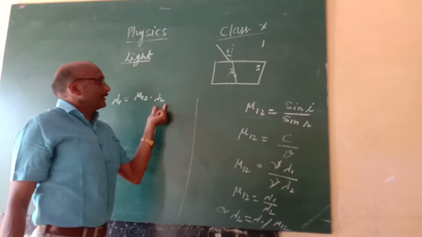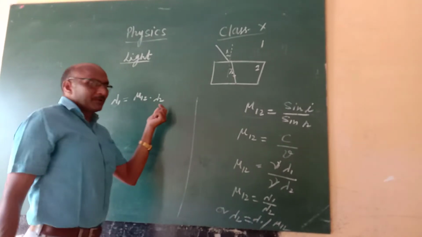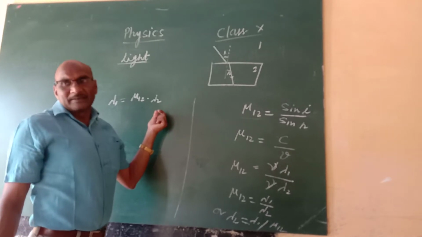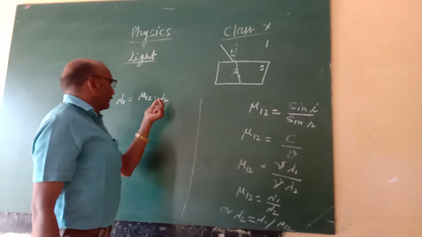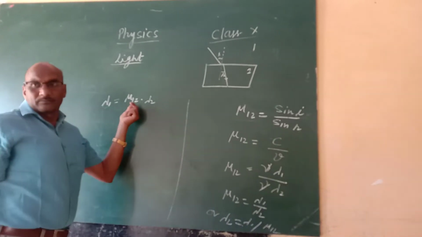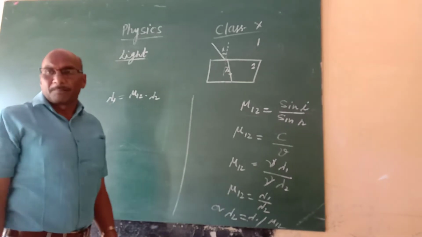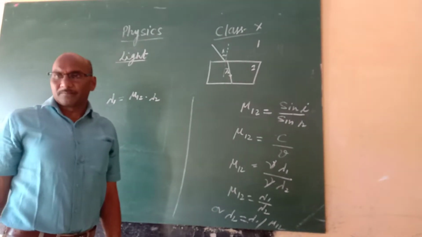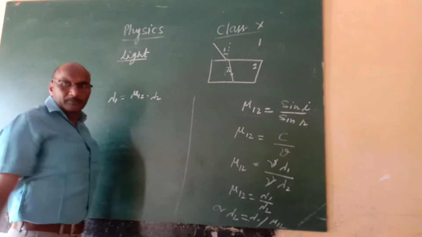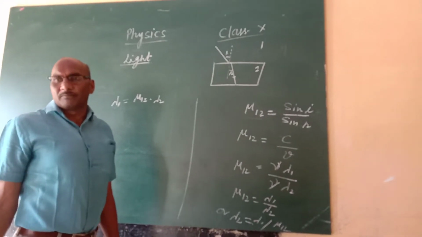And if the refractive index of medium number 2 is less than medium number 1, then the wavelength will increase. That is the relationship between the wavelength and the refractive index of a medium. This is one factor on which refractive index depends. This is not the only factor. There are some other factors on which the refractive index of a medium depends.